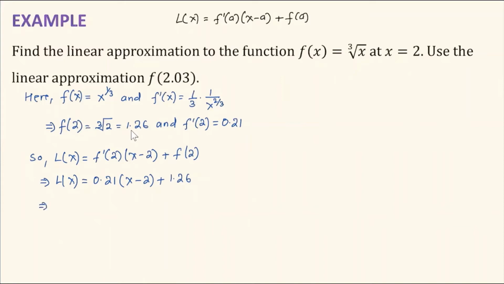So L of x, if I multiply here, 0.21 times x is 0.21x, then minus 0.21 times 2 is 0.42, plus 1.26.